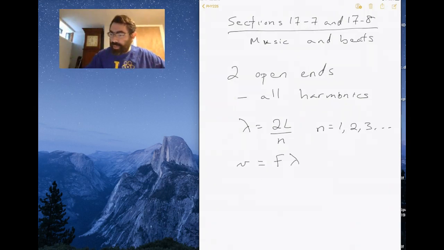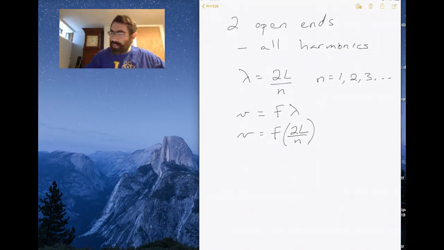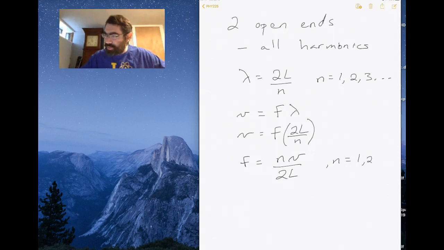So now if we plug in what we have for the wavelength, twice the length of the pipe divided by n, which harmonic we're going to have in there, the frequency for this particular instrument would be n times the speed divided by twice the length of the pipe. Where now our index goes from 1, 2, 3. We're not really considering n equals 0, even though it's possible. Then you just wouldn't have any sound.